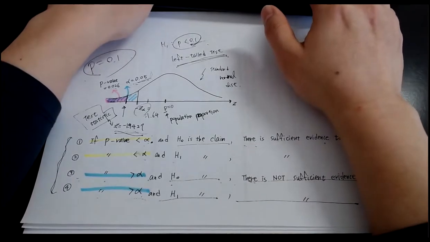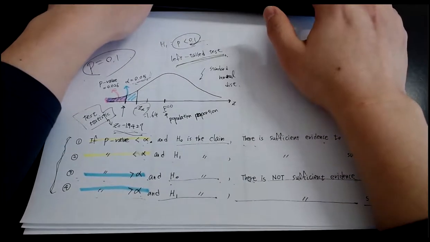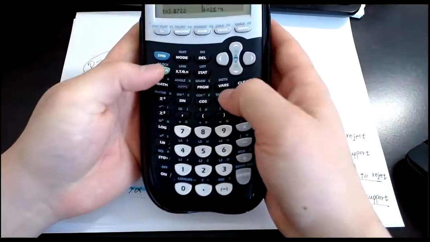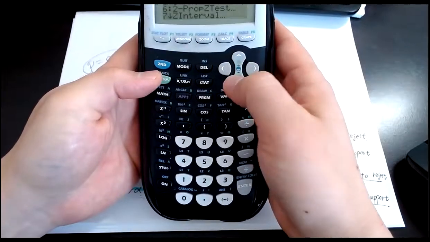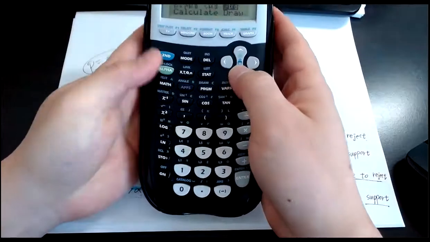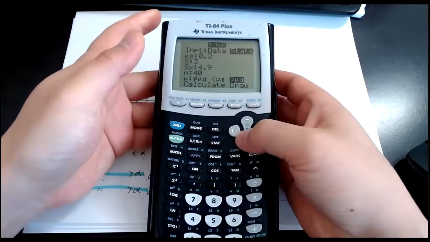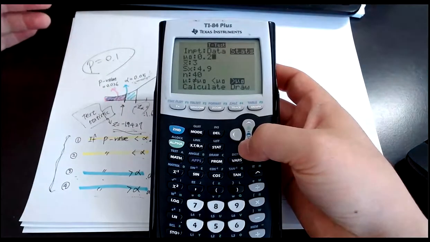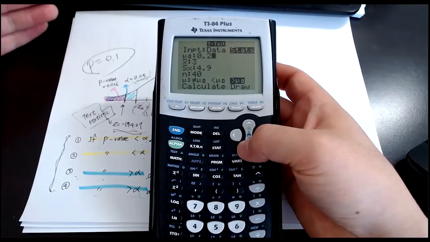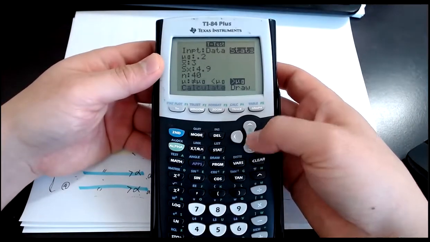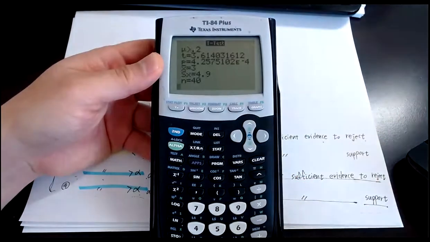Let me change mu sub 0 to 0.2. So in STAT TESTS, t-test, this is 0.2. I just changed mu sub 0 to 0.2 and modified the claim: the mean weight loss is greater than 0.2 pound. Okay, calculate. Then I got this.